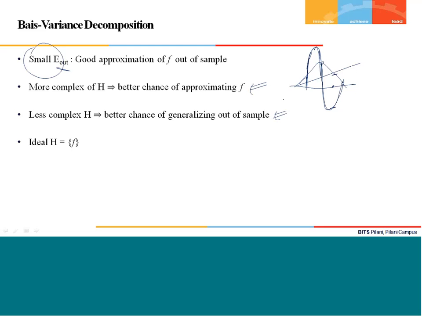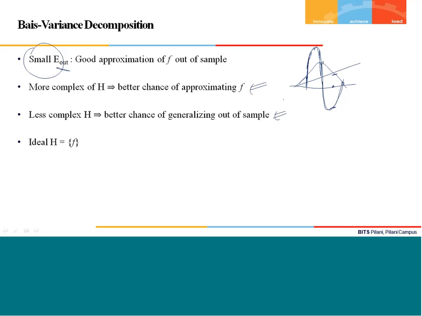And if a less complex H is there, if you are considering a low order polynomial hypothesis, then there are better chances of generalization. Better chances of generalization means whatever error you are getting on training, you will not get a much different error on the unseen or test data. The error you are getting from the training data set is approximately equal to the error you are getting from the test data set. That is called good generalization.